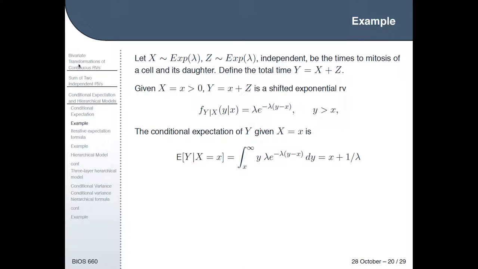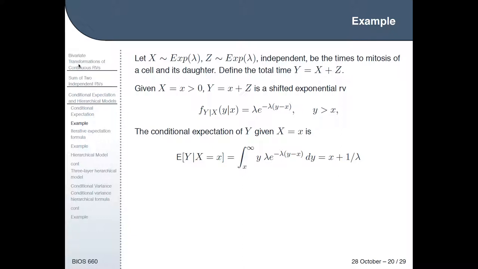And the conditional expectation of y given that x equals x, you just integrate this conditional PDF from x to infinity. The integral is relatively straightforward to compute. You end up with x plus 1 over lambda, which should make intuitive sense.